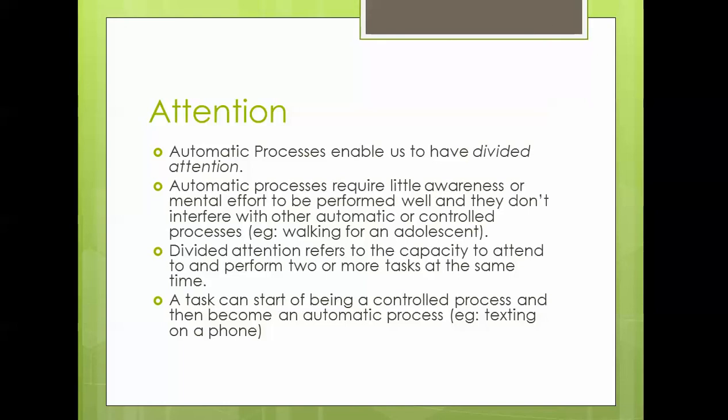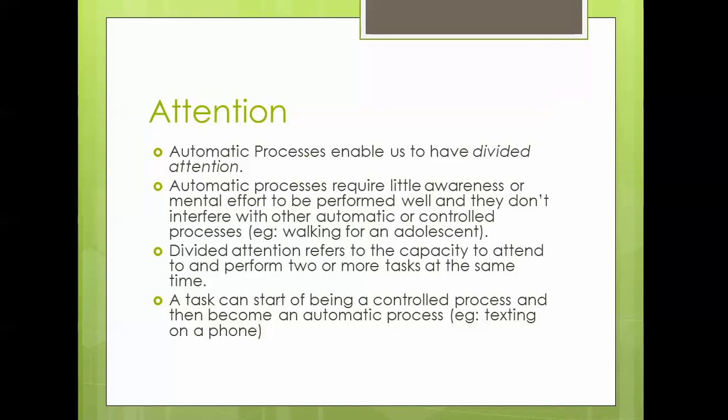So an example would be walking for an adolescent. That's very much an automatic process. And if you're walking, you could perhaps listen to music at the same time. And if you're doing those both without one impacting on the other, so you're doing them equally well, then it means that they're both automatic processes and you've been able to divide your attention.